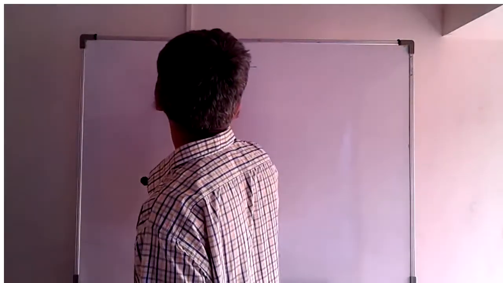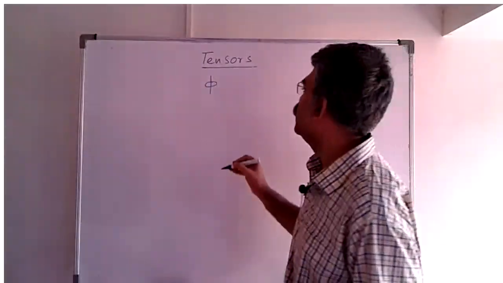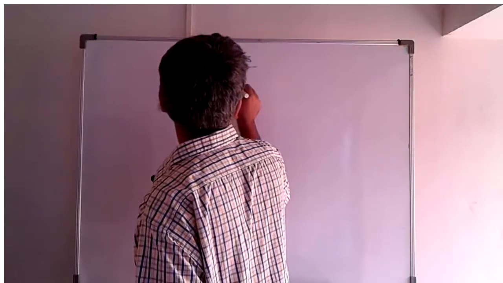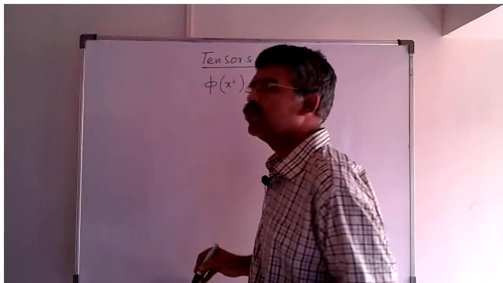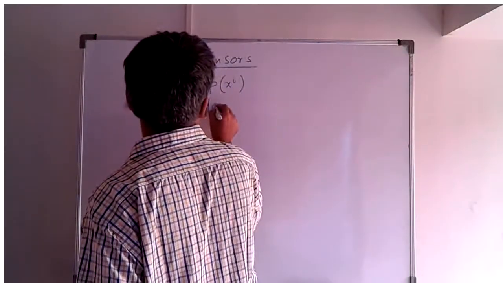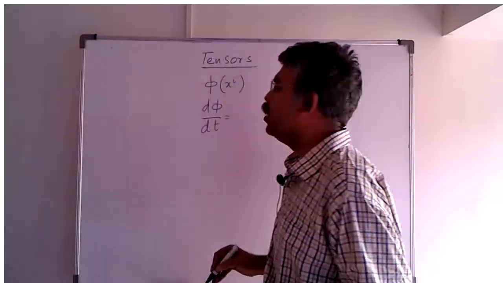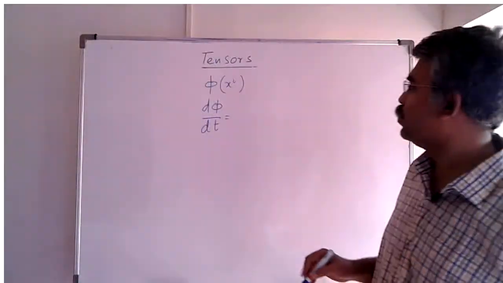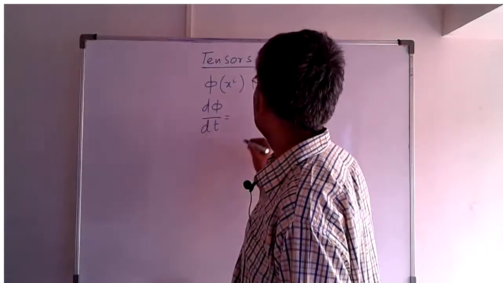Suppose phi is a scalar field, and which is a function of x^i's. Now if you take d phi dt, how shall you write this d phi dt?